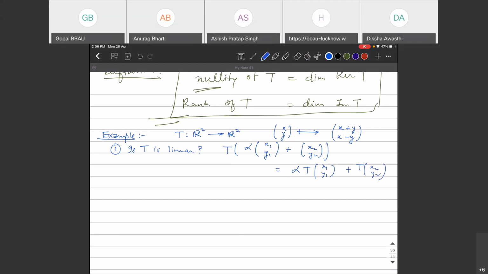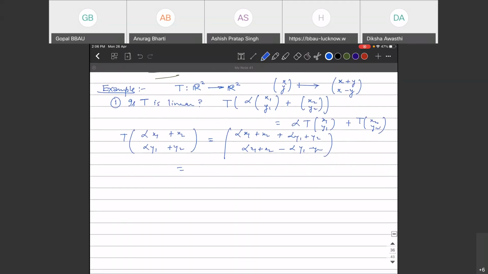So T of (alpha x1 plus x2, alpha y1 plus y2) is (alpha x1 plus x2 plus alpha y1 plus y2, alpha x1 plus x2 minus alpha y1 minus y2). Correct?